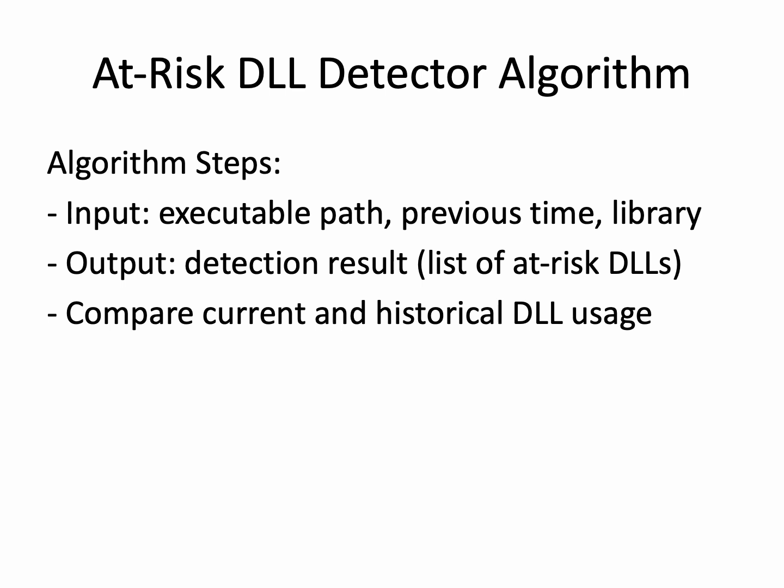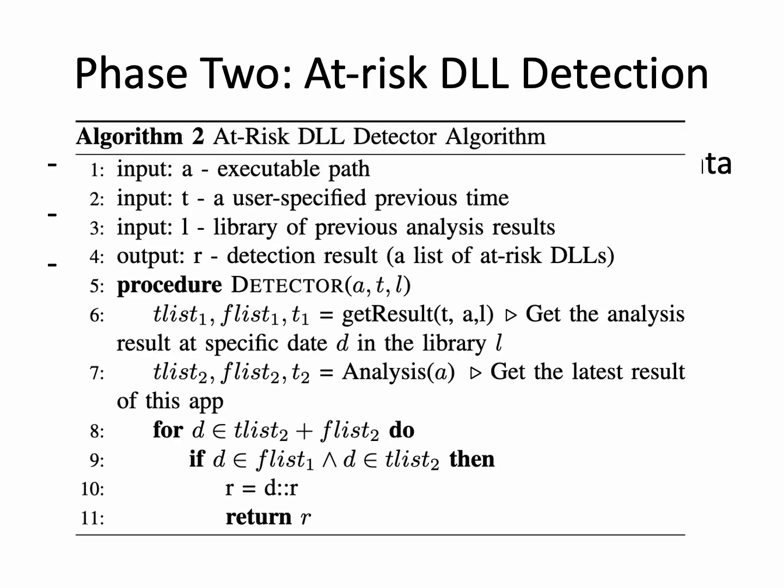Its input is the executable paths, previous times, and the libraries which store the analysis reports of many commonly used software of their previous versions. The output is the detection results, a list of at-risk DLLs. The key point is that we compare the current and the historical DLL usages. These are the algorithm details.